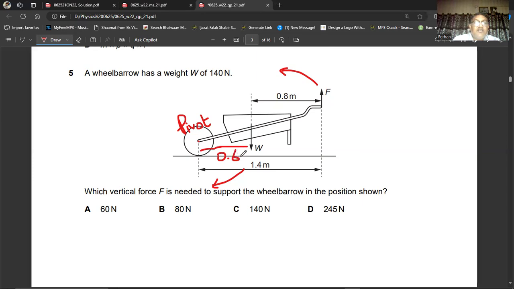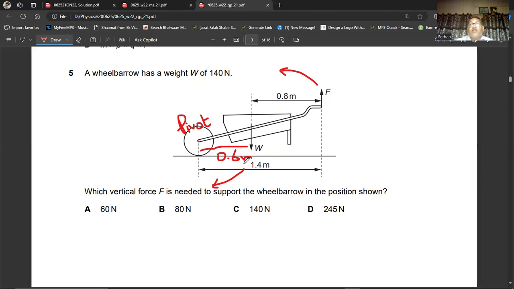So the moment arm for the W is 0.6 meter. The moment produced by the W, which is clockwise moment, will be the weight multiply its moment arm. And this force, which is trying to produce anti-clockwise moment, will be force multiply its moment arm. Its moment arm is this.